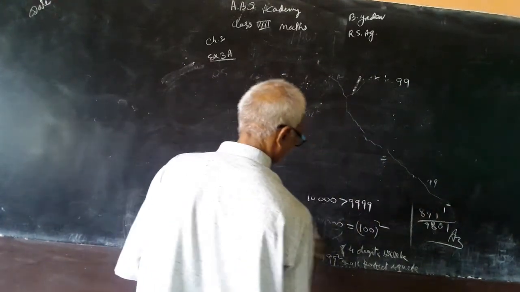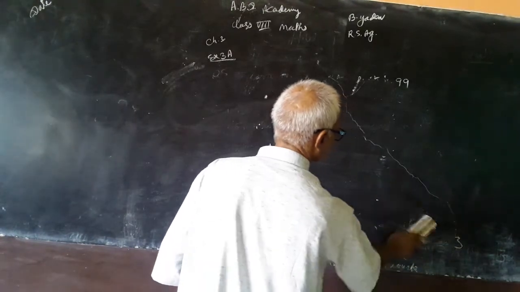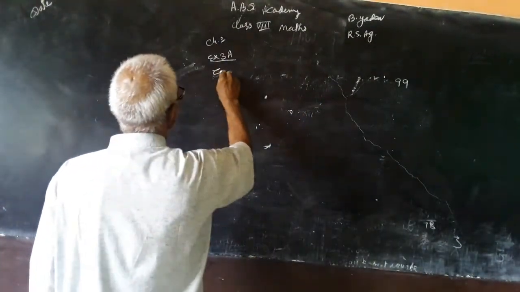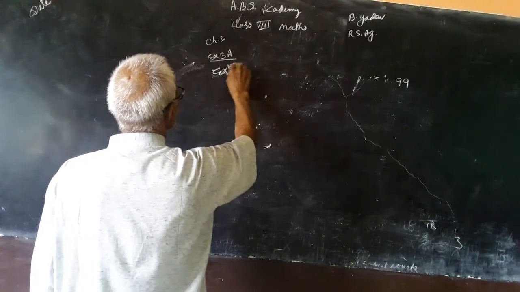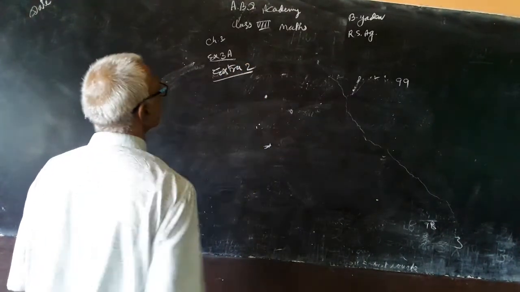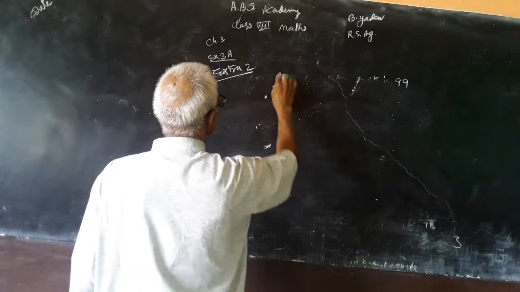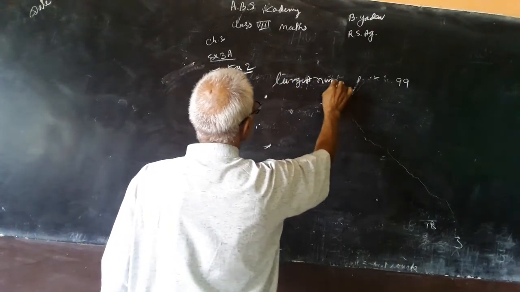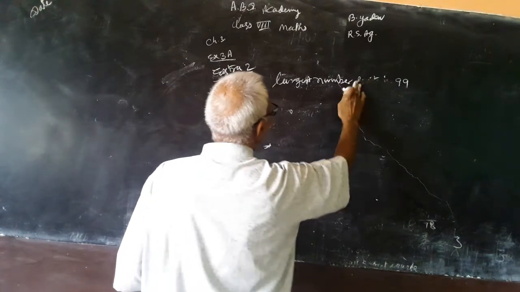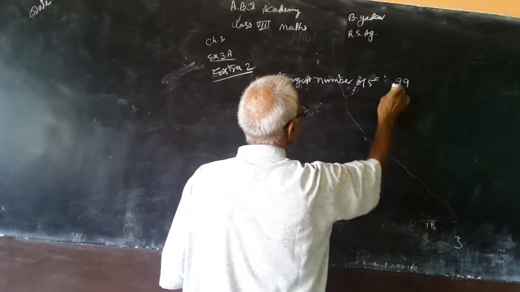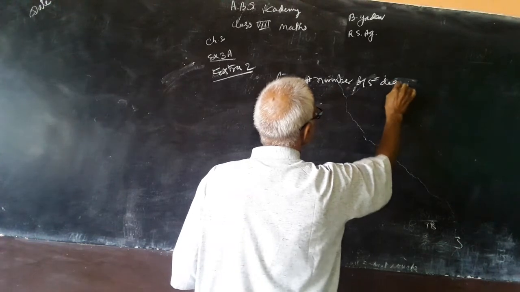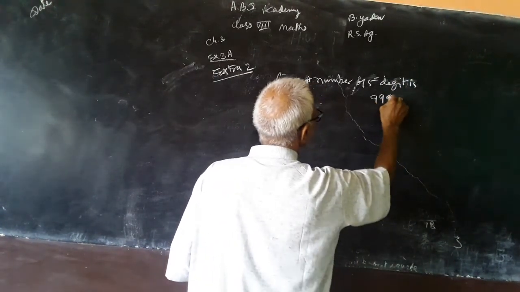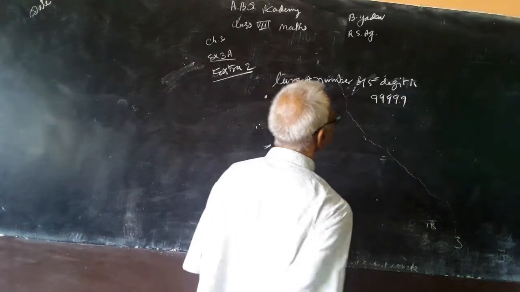Suppose the largest number of 5-digit is 99999.